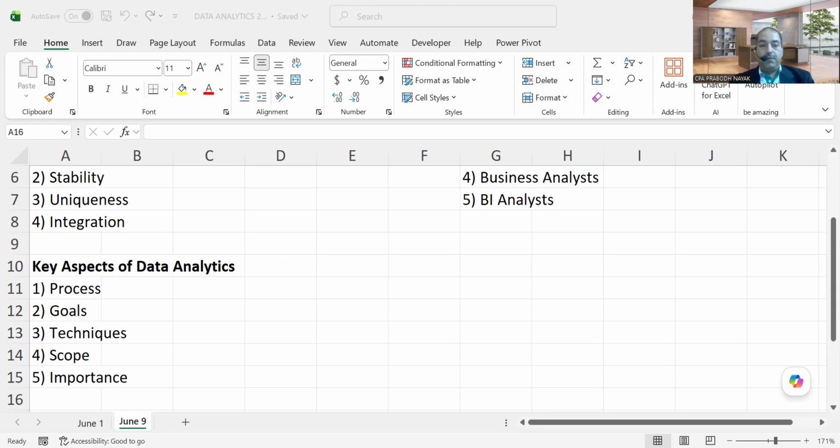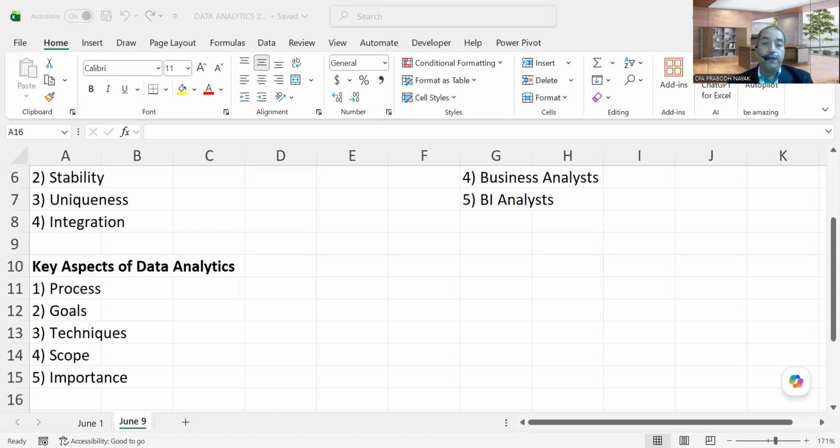Third one, techniques. What techniques are we going to make use of? Statistical techniques, data mining, machine learning, text analytics, data visualization, when we are preparing charts, dashboards, etc. These are the techniques used.